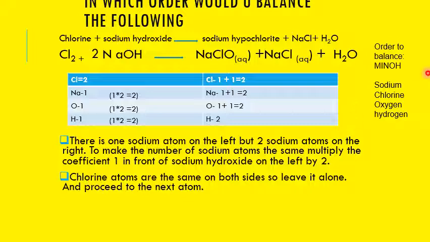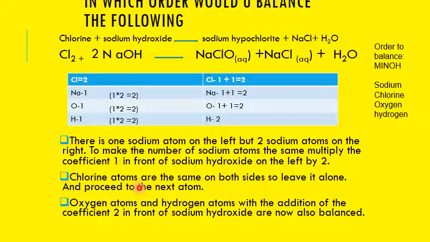So the next thing that we're going to be balancing is our chlorine. Chlorine atoms are the same on both sides. Chlorine is 2 here and it's also 2 here. So we leave it alone. Don't fool with it. Move on to the next. So the next one we have is oxygen.